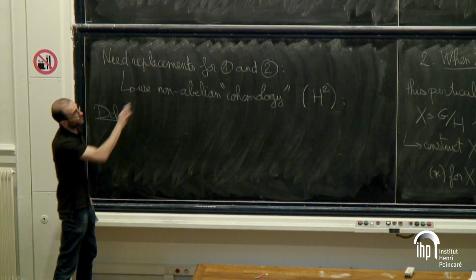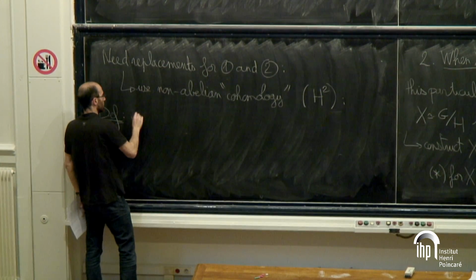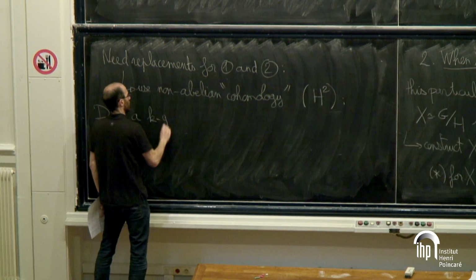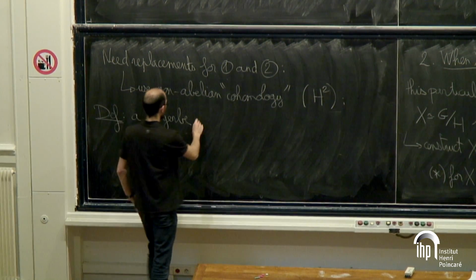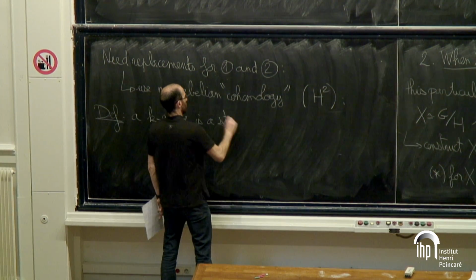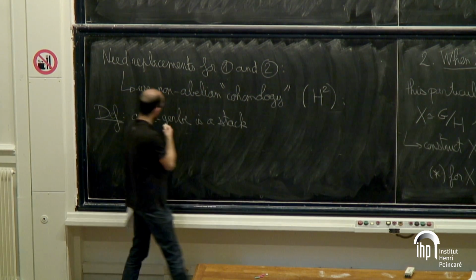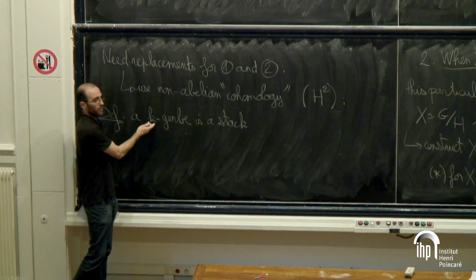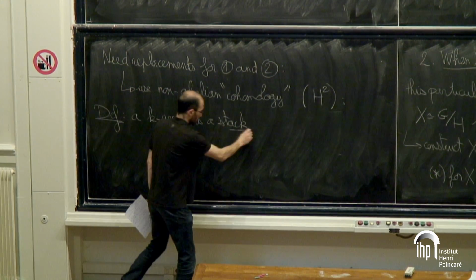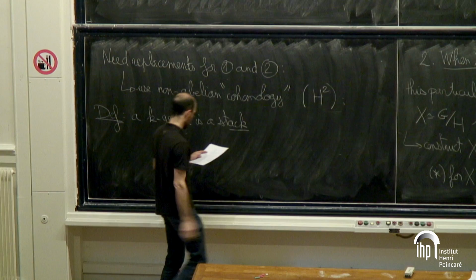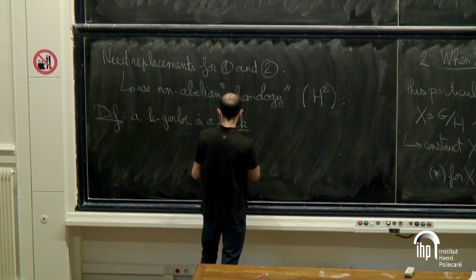So in this particular setting here, a gerb over the field K is just a stack over the small étale site of K. So I will give a concrete definition of this word right after the definition here.